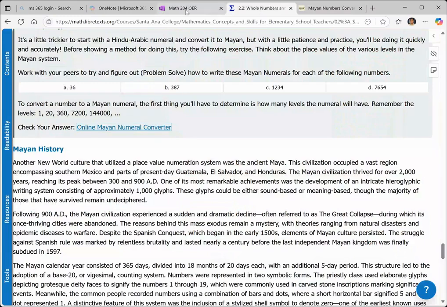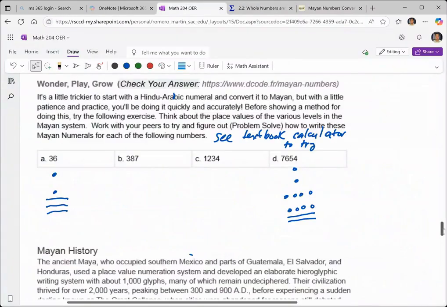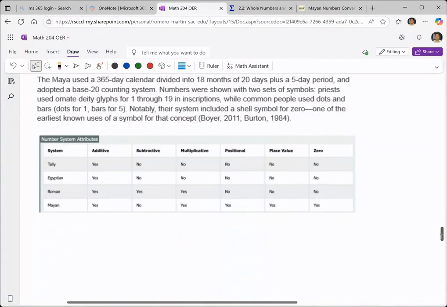So go ahead and play with that, and then you get a better understanding of the Mayan numeral system. A little history here, and then a summary of the different numbers and the systems we looked at, and whether each is additive, subtractive, multiplicative, positional, place value, zero, because all this is going to lead into chapter 2.3, where we talk about our number system.